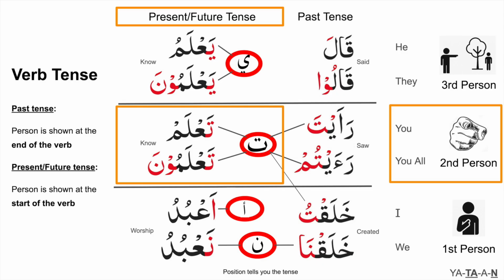Notice the key clue, the letter ta at the beginning. That ta helps us recognize the second-person form. This is important because commands are usually directed to you or you all.